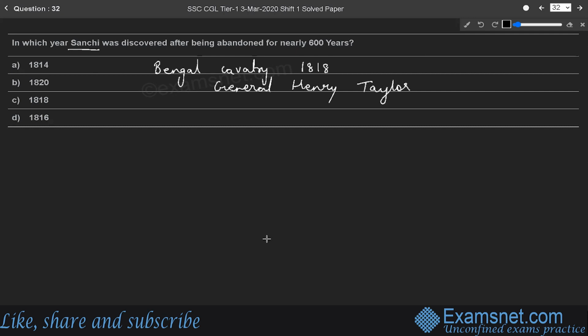And the town of Sanchi is one of the most principal Buddhist sites, which is located in the state of Madhya Pradesh or MP. Also, the Buddhist monuments were awarded the status of UNESCO World Heritage Site in the year 1989.